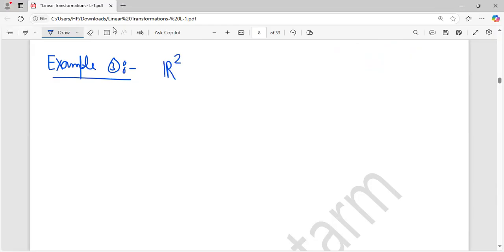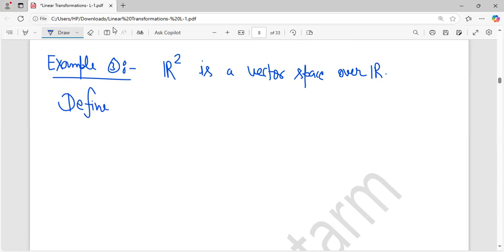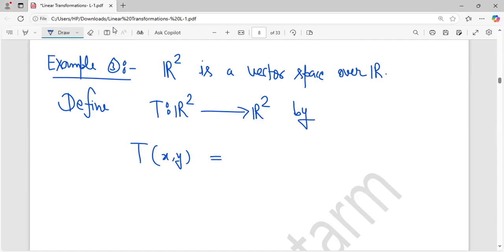R square is a vector space over R. Define T from R square to R by T(x, y) = xy.